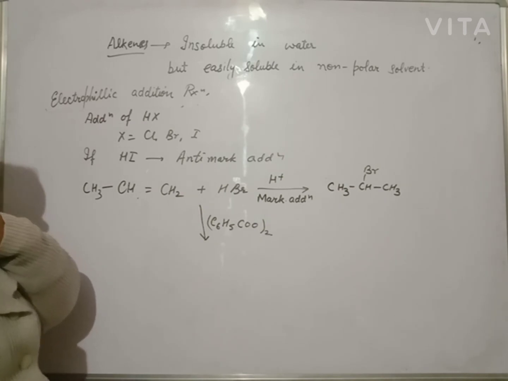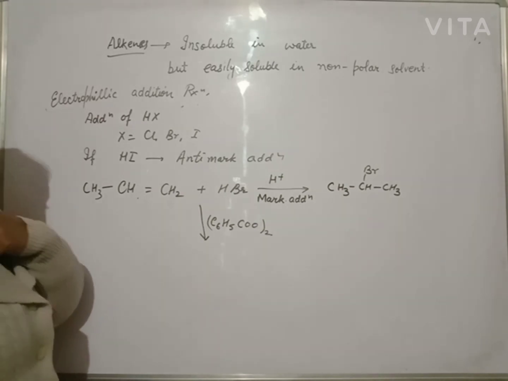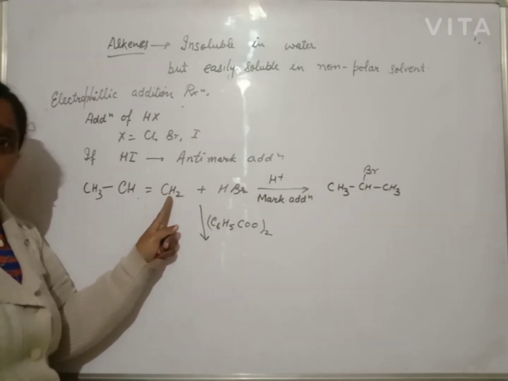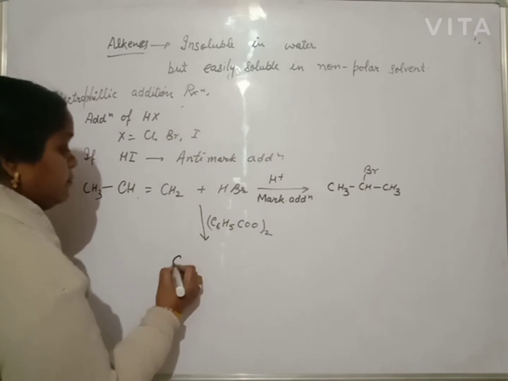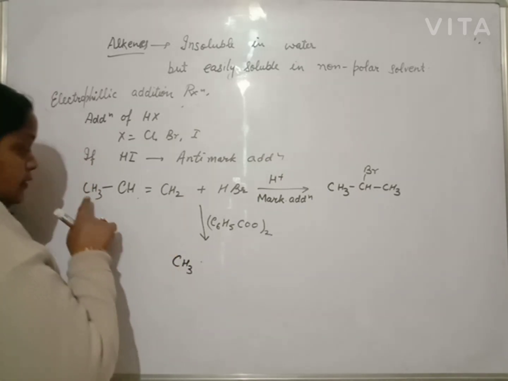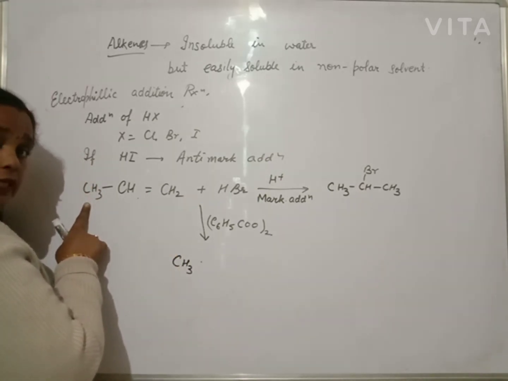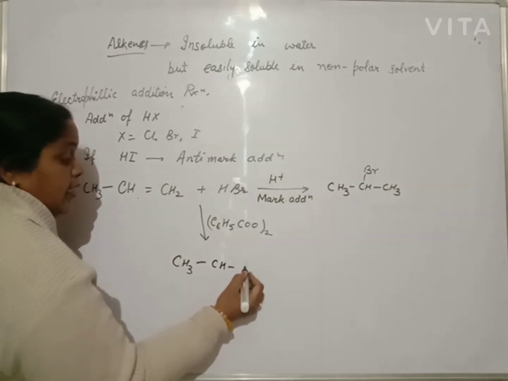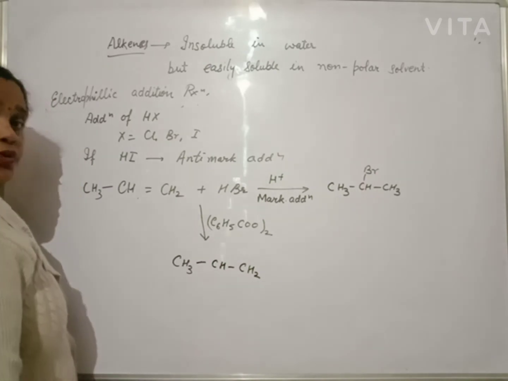Anti-Markovnikov rule. Anti-Markovnikov says the negative part goes to that carbon of the double bond which has more hydrogen atoms, and we will get 1-bromopropane. This is saturated, but these two are unsaturated. Addition will occur on the unsaturation.